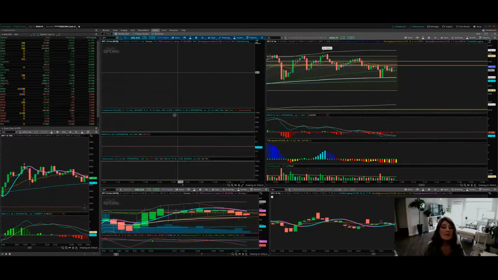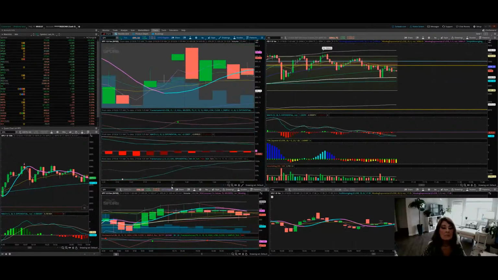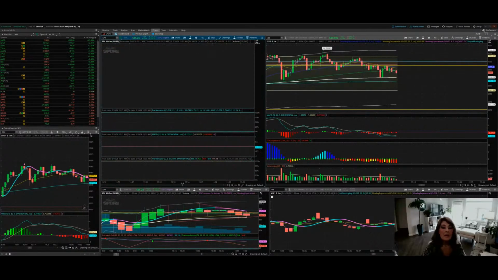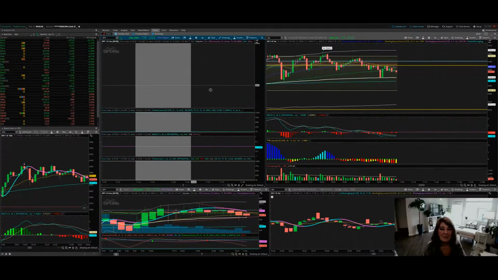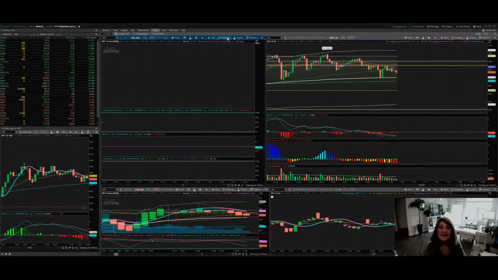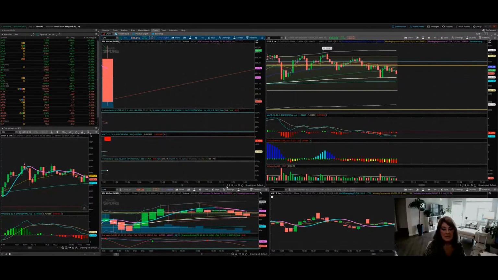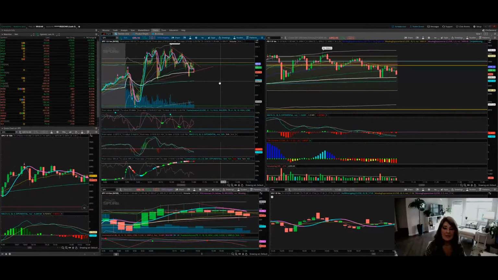You'll have to be patient while I fight with my drawing tool. There we go. Let's zoom out a little bit so you can see it better. There we go. I did it.